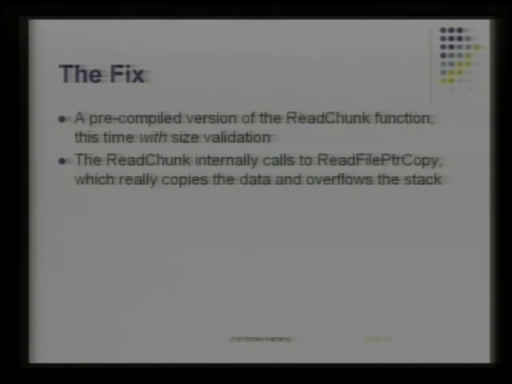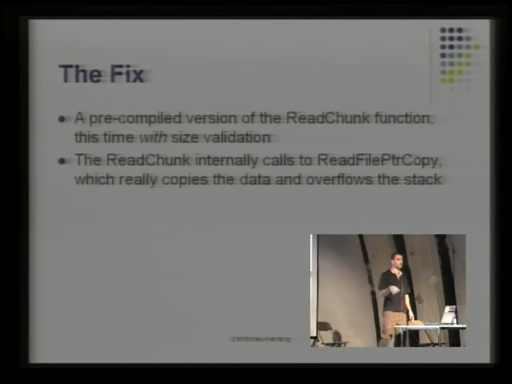Because of the nature of 32-bit, or even x86, calls are relative to the current position they are executed from. So we have to relocate the address of the call from the read chunk, or the new read chunk, because it's now patched, to read file PTR copy.